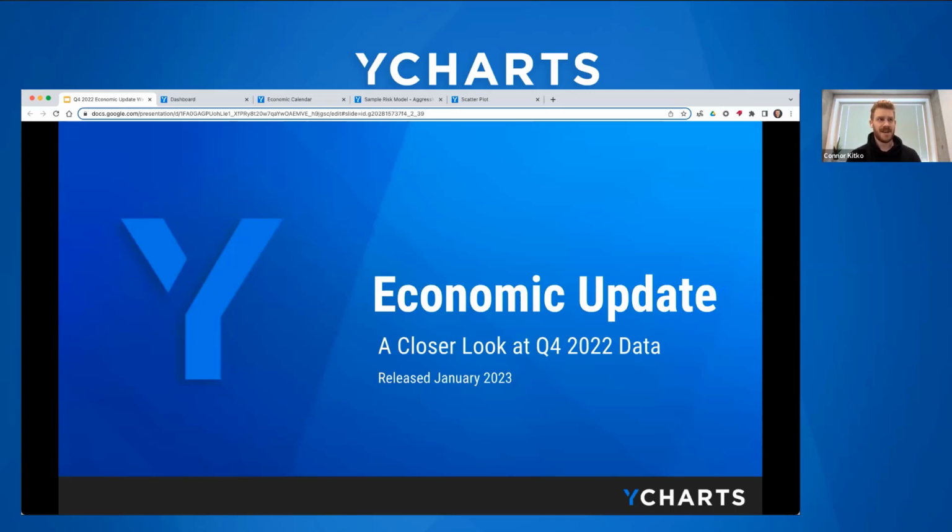As a reminder, this deck contains visuals and data summarizing Q4 of 2022. And our hope is that you can use it to navigate whatever is in store for the rest of 2023. As a disclaimer, this is not investment advice. This is purely informational and would definitely recommend if you want to research anything further, you take it into YCharts and analyze and come up with some findings of your own there.